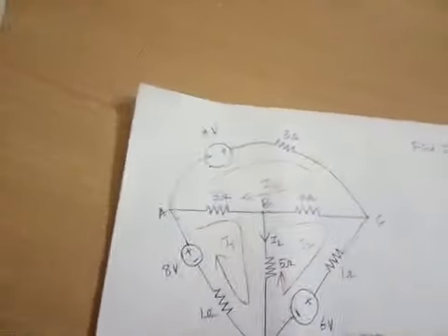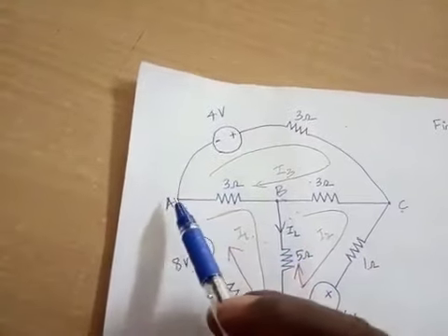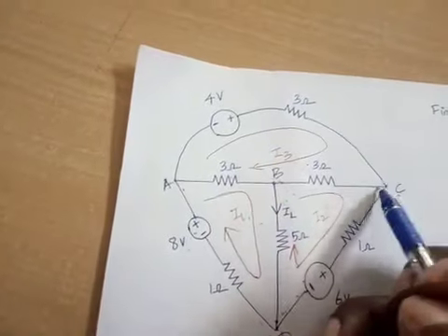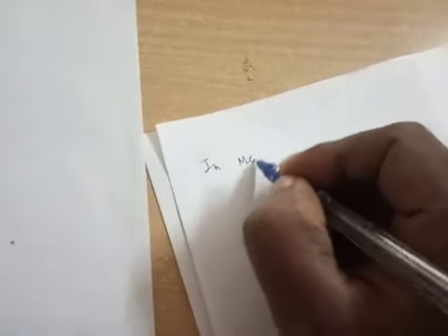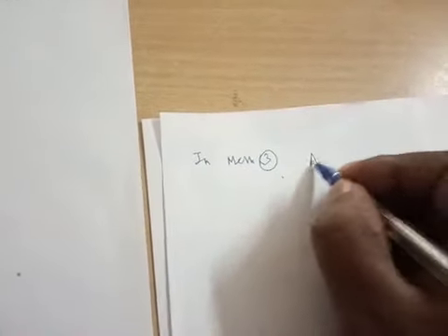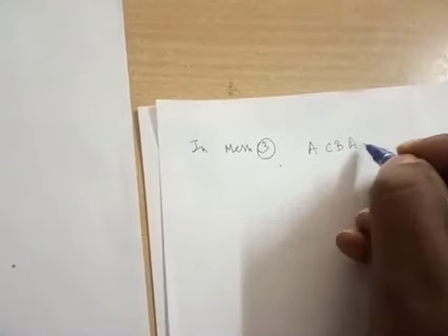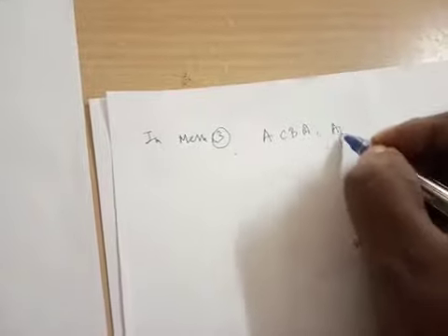Similarly, loop 3 means A, C, B, A. So in mesh 3, A, C, B, A, apply KVL.